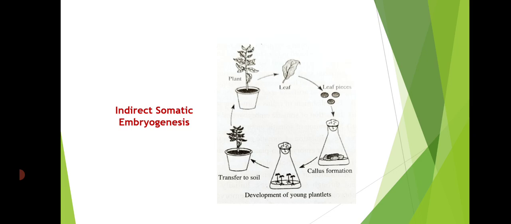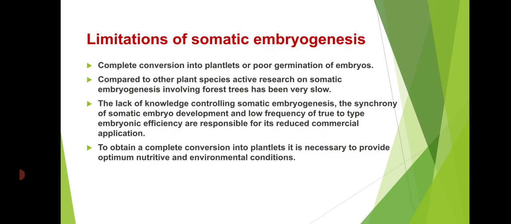So, the embryos will directly develop into what? Plantlets. And what are the limitations of this somatic embryogenesis? That is, complete conversion into plantlets or poor germination of some embryos sometimes occurs.